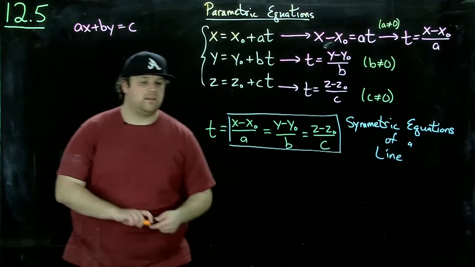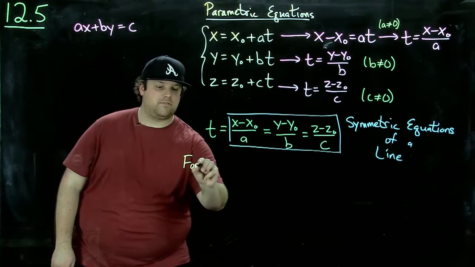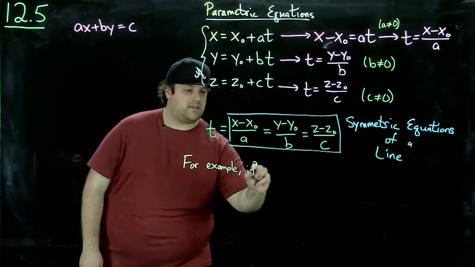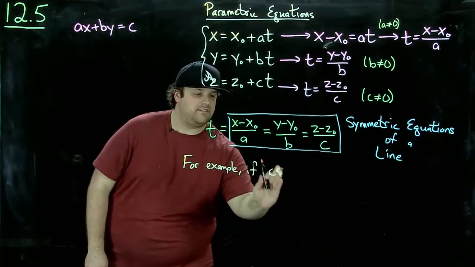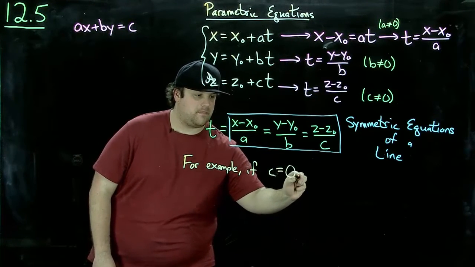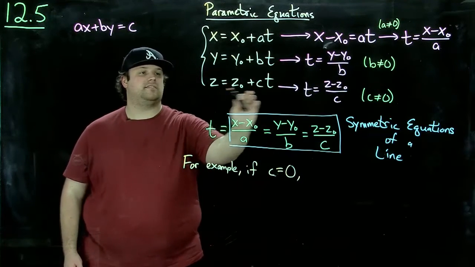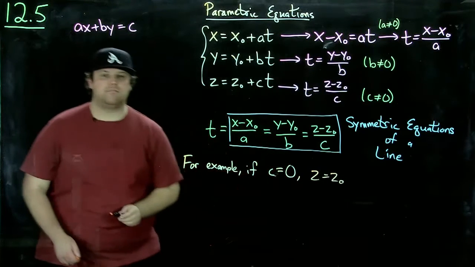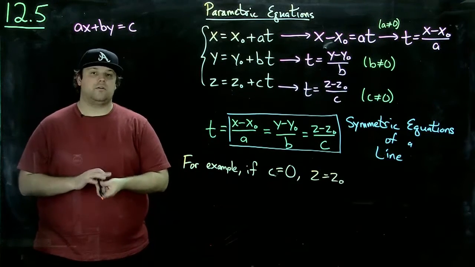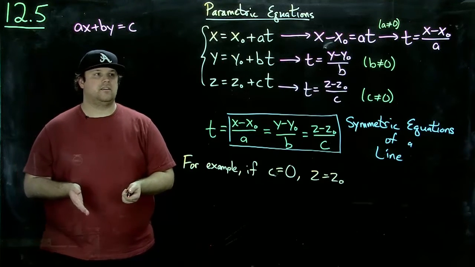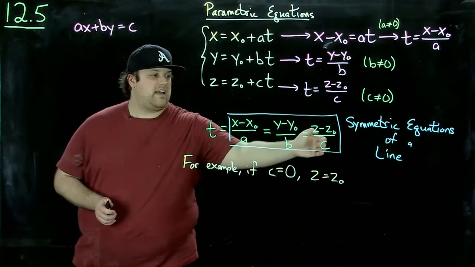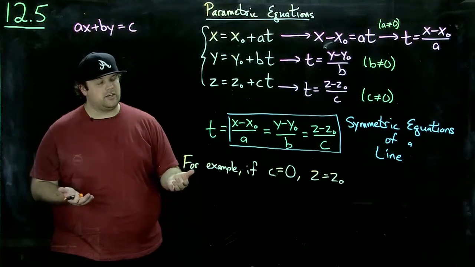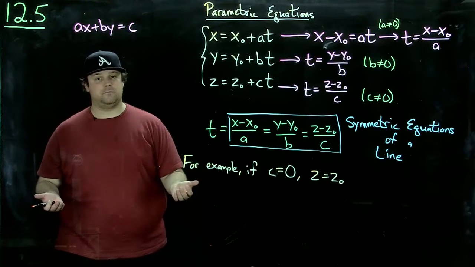So for example, if c is 0, then what does this z equation here look like? Well, it's just z equals z naught. If that's the case, then we can't have this term z minus z naught over c in here, because then the universe has exploded because we divided by 0.